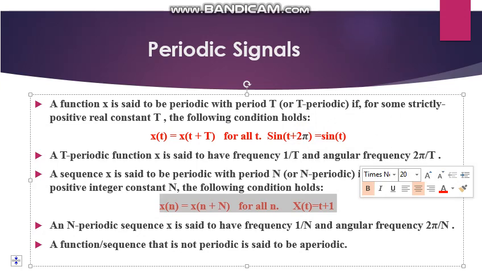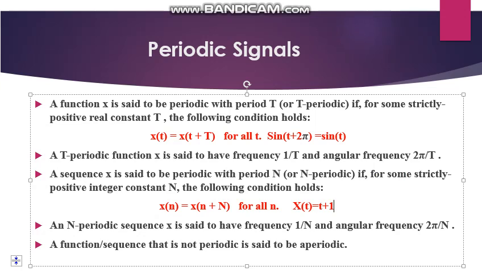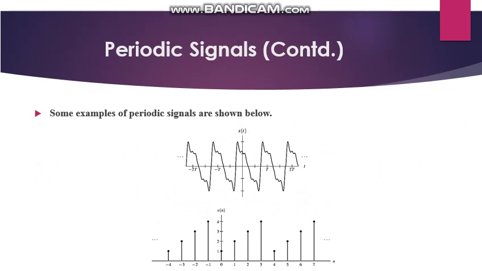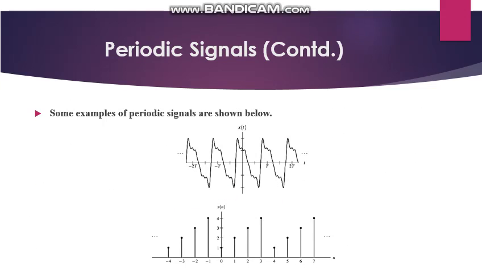Similarly, for a discrete time signal, if you give the period as n plus capital N, you will definitely get the same thing, that is periodic. The signals which don't satisfy this condition are known as aperiodic signals. You can see here a clear example of a periodic signal.